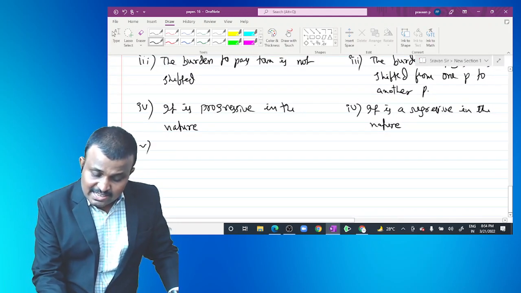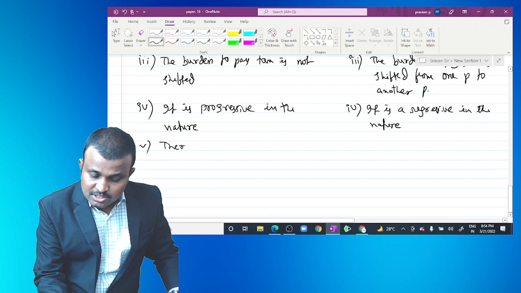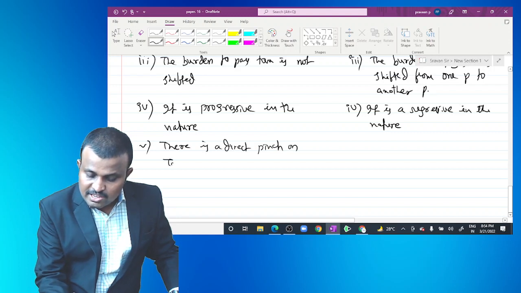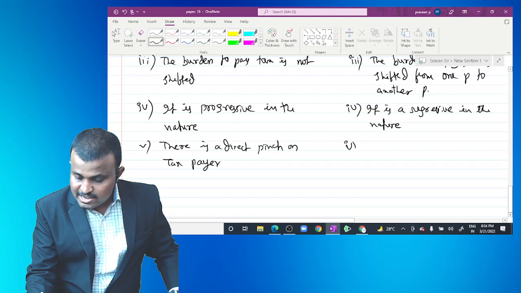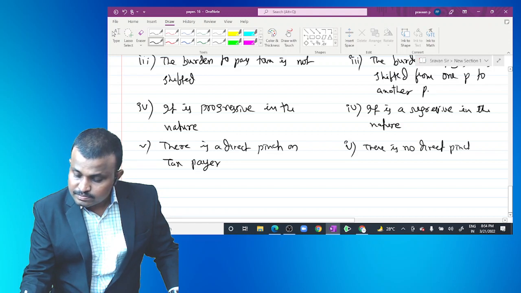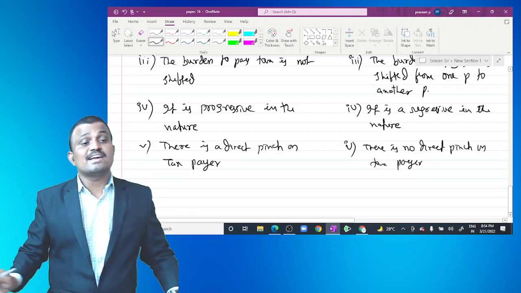in case of direct tax, there is a direct pinch on the taxpayer. And in case of indirect tax, there is no direct pinch on the taxpayer. So what is meant by direct pinch, sir?